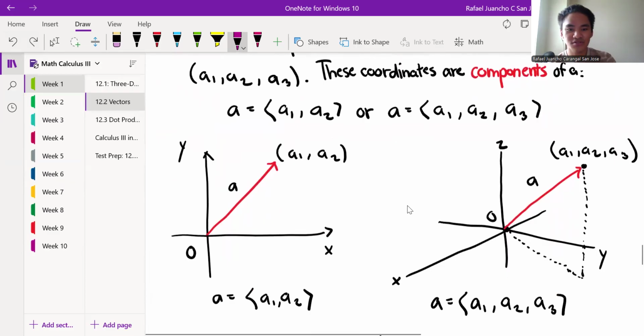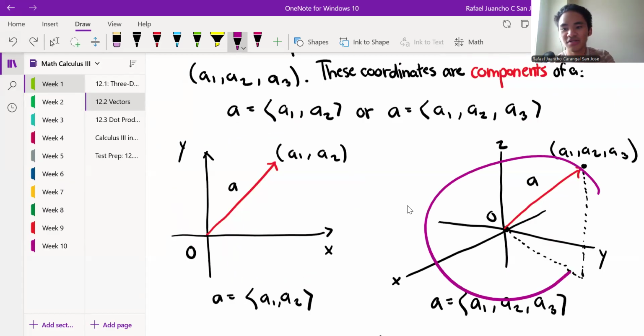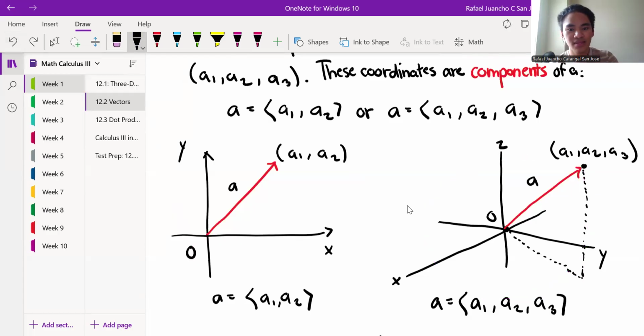So here's the 2D version right here, and here's the 3D version. The 2D is just a regular 2D plane, here it's the XY plane. And we have this vector A. This is the tail, this is the tip.